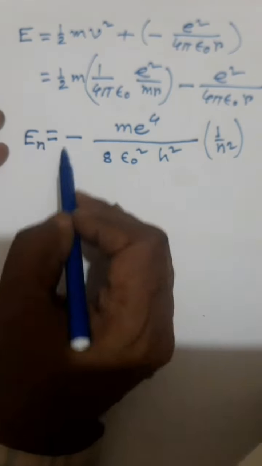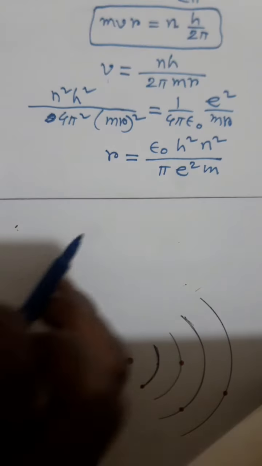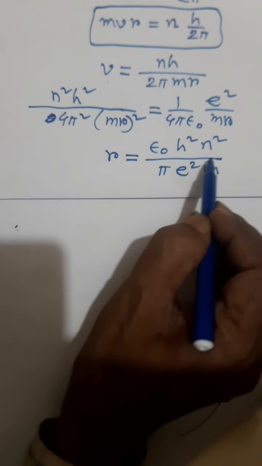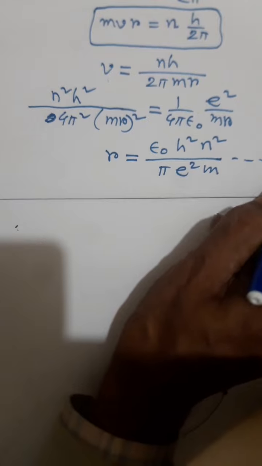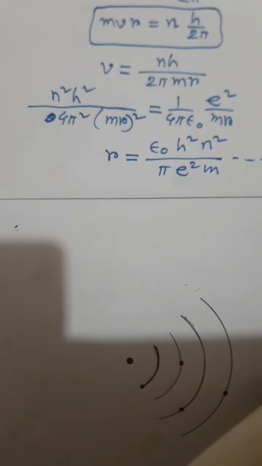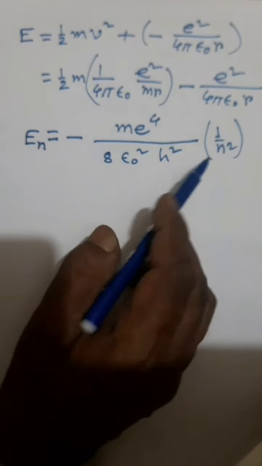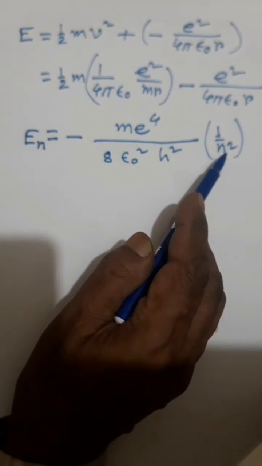En equal to this, putting the value of r from equation 2. n is called the principal quantum number.